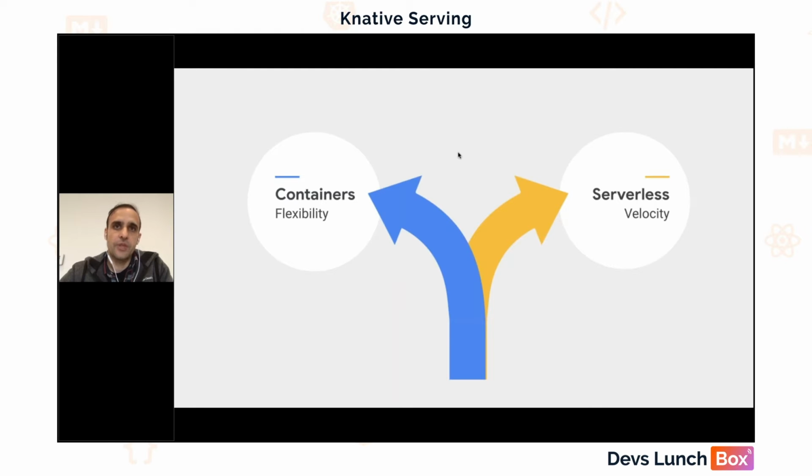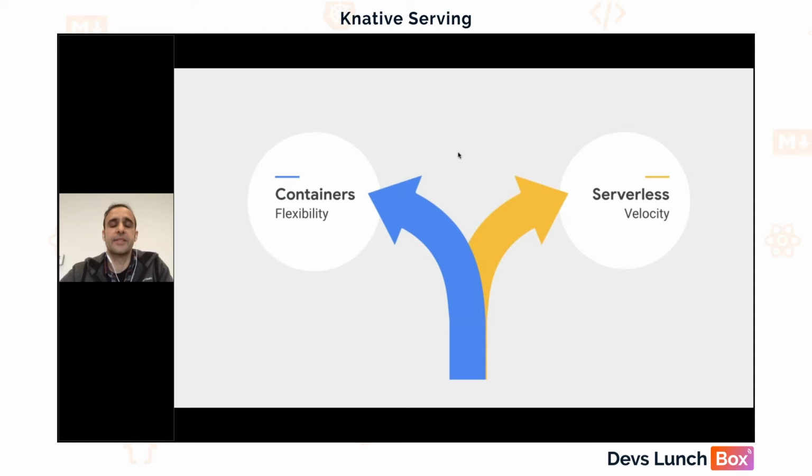But at the same time, serverless frameworks come with limitations. You can use only certain languages, you can do only certain use cases, and if your application doesn't fall into those categories, then you need to fall back onto something. And usually that thing is containers.